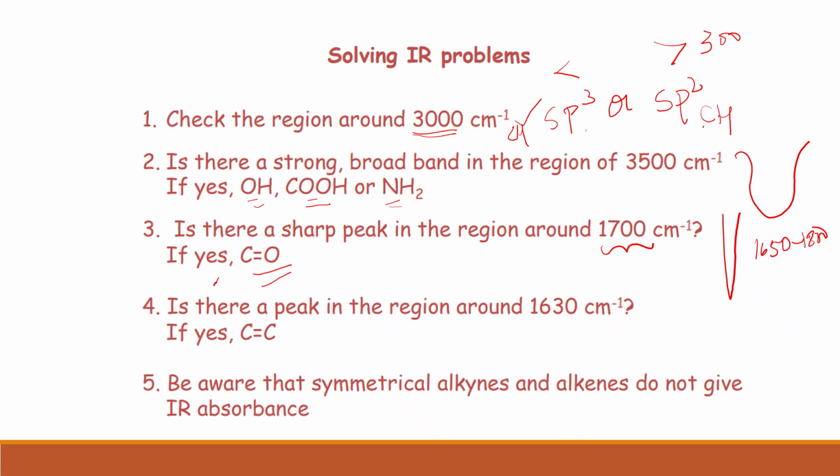And if there is a peak around 1630, a little bit less than 1650, then there is a C double bond C. If there is a symmetrical alkyne or alkene, like one with a bromine and a hydrogen on each side so there is a plane of symmetry, then it doesn't give IR absorbance because the effects cancel out each other.